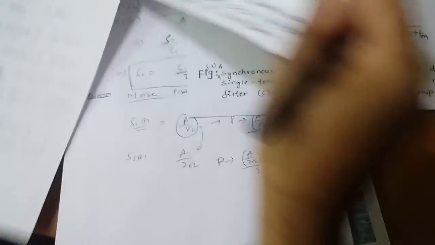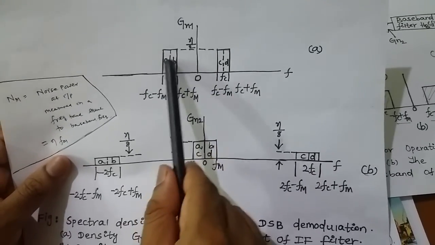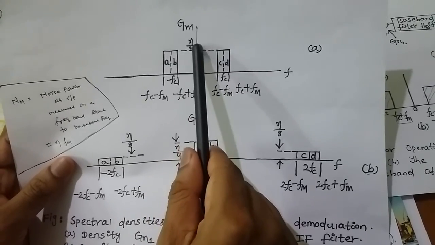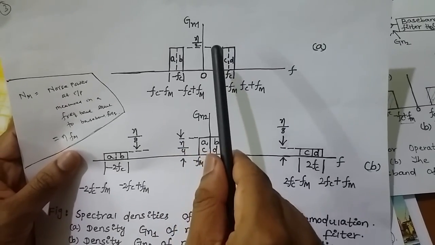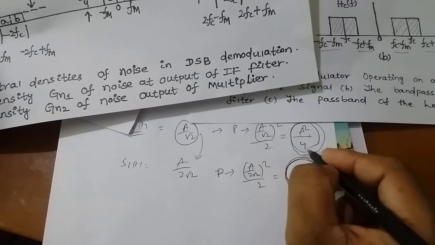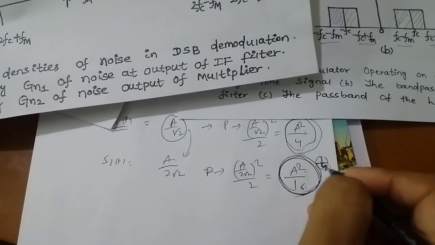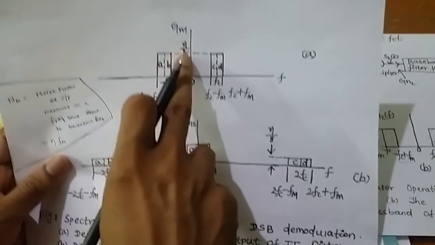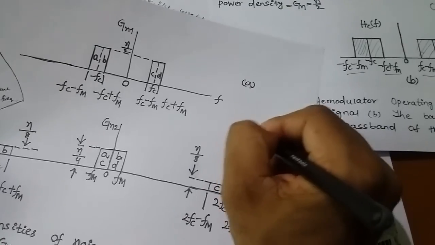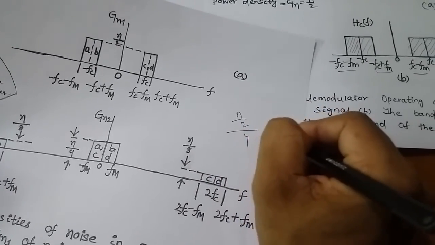So that is the reason the PSD of the two sidebands, which was eta by 2, will now be decreased to 1 by 4th, that is eta by 8.